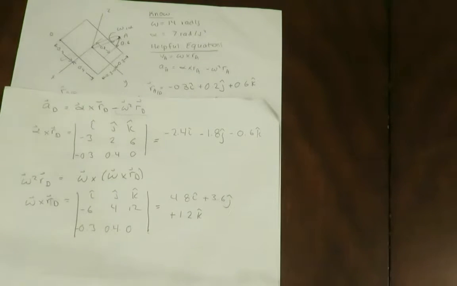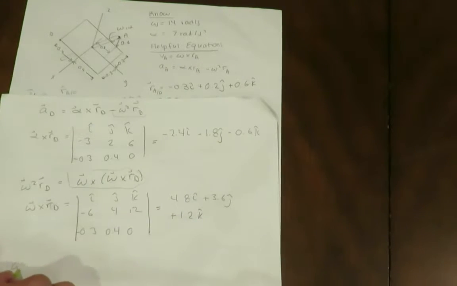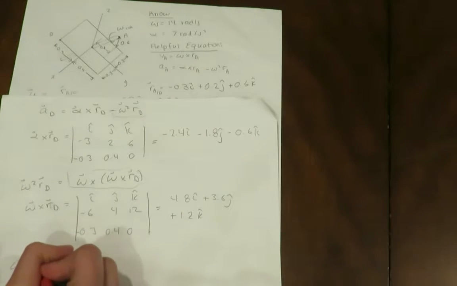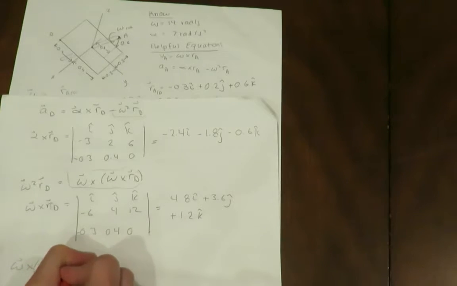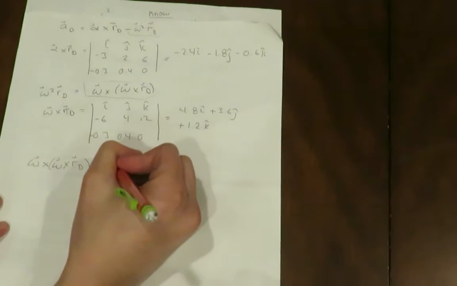And now we can do this long term as another cross product. I might run out of room here, but let's see if we can fit this all. I'm going to slide this up just as a precaution.